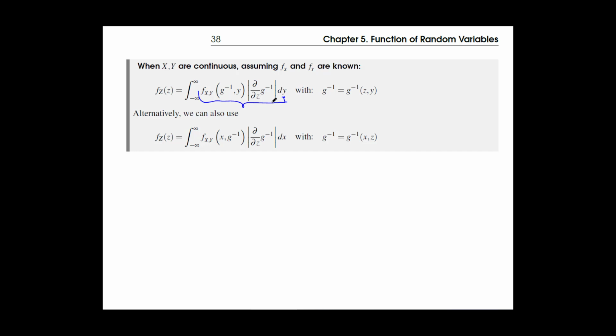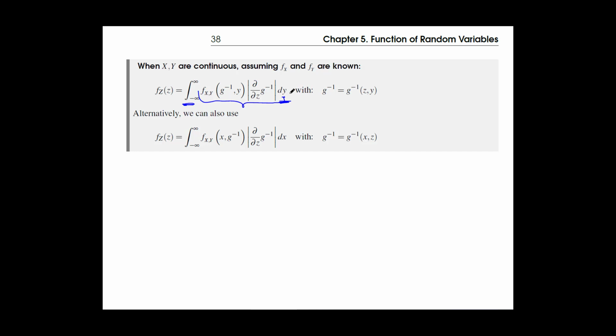Now, because we have another random variable, we're going to interpret that result as a joint density of x and y, and then we're going to take the marginal, so we're going to do the integral over all values of y.